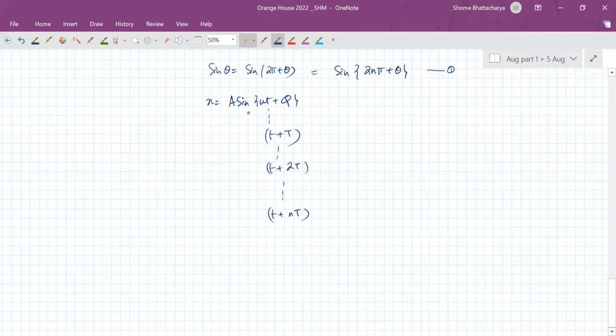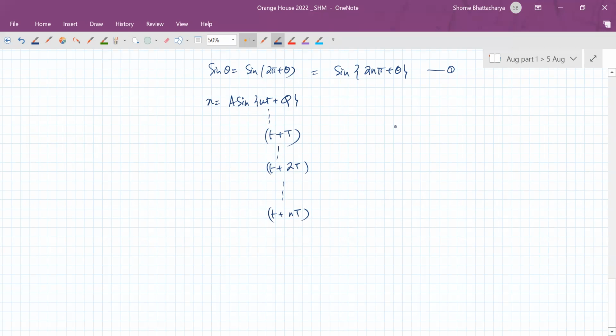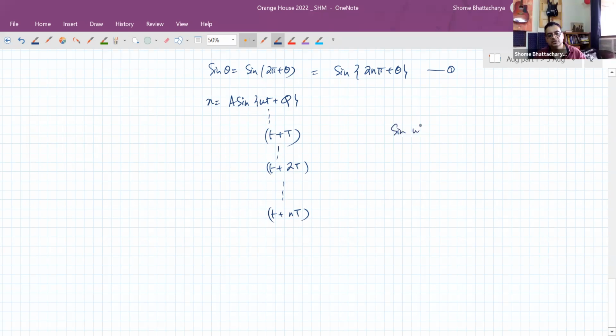So it should come back to the same thing. So sine of omega t plus phi should become equal to sine of omega of t plus nT plus phi.